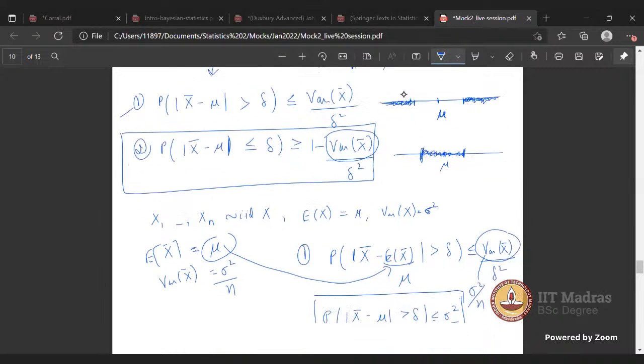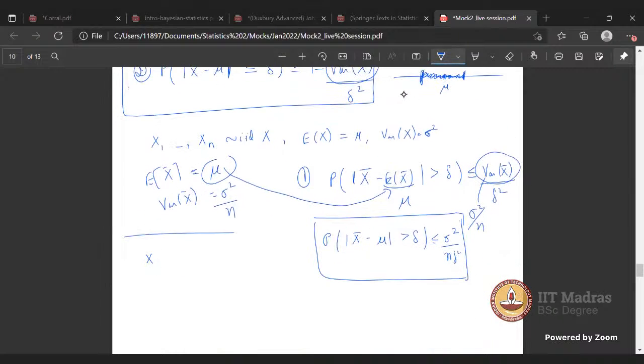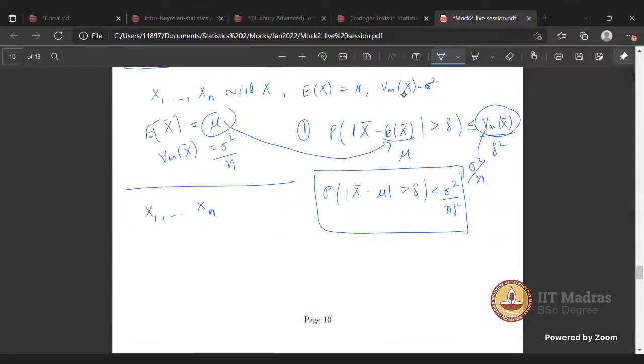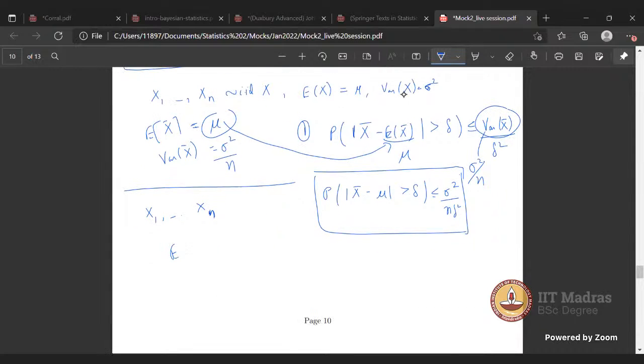If you're tossing a fair coin, each of the exercises here represents a toss of a coin, and we are interested in the number of heads. So each of these is Bernoulli, taking the value 0 or 1, and its expected value is p, that is 1 by 2. So the expected value of x bar will also come out to be 0.5.